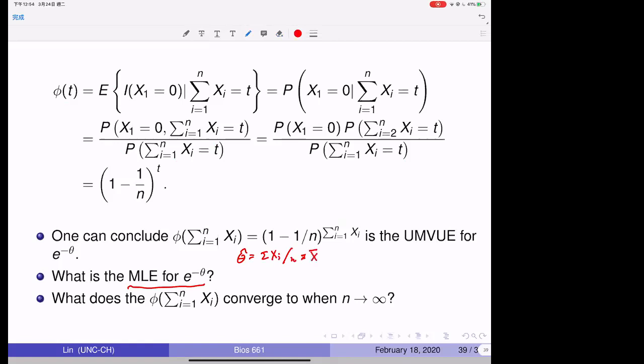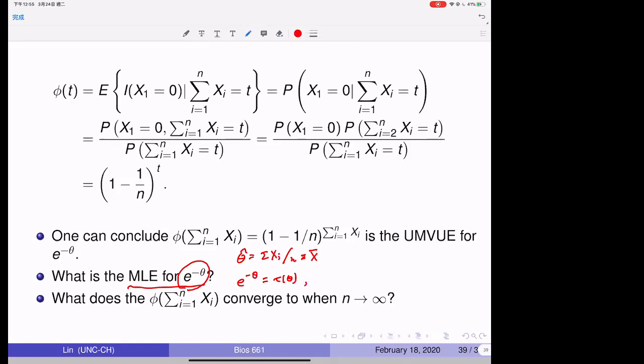Then how do we claim the MLE for a function of theta? Basically, e to the minus theta is nothing but, say, tau of theta. How do I find its MLE? Easy, by using the invariance property of the MLE.